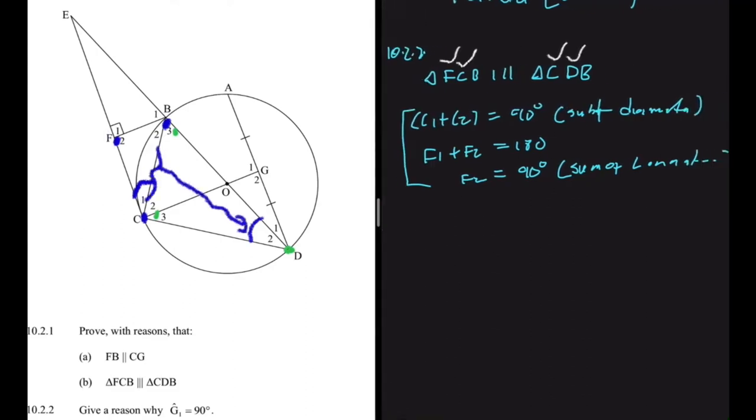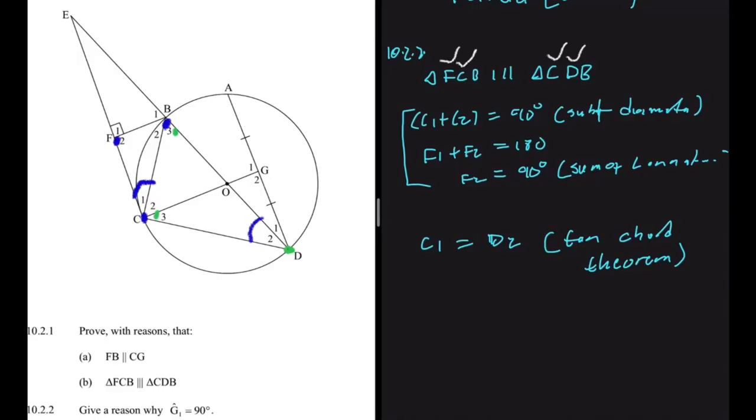So that is the tan chord theorem. So we can say that angle C1 is equal to angle D2 because of the tan chord theorem. Now we've proved that two pairs of angles are equal. We are just left with the third one.